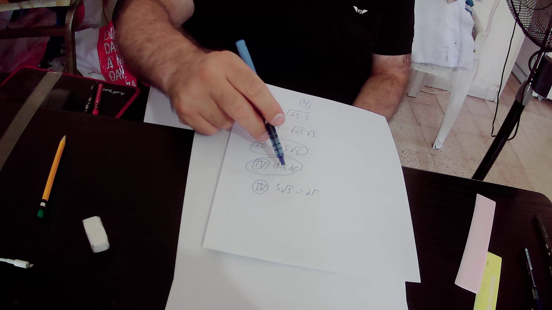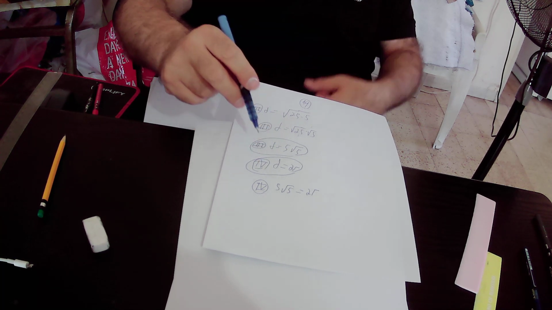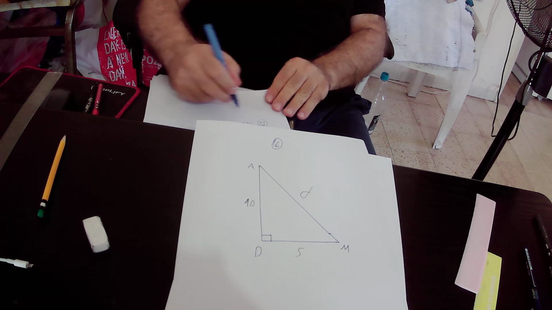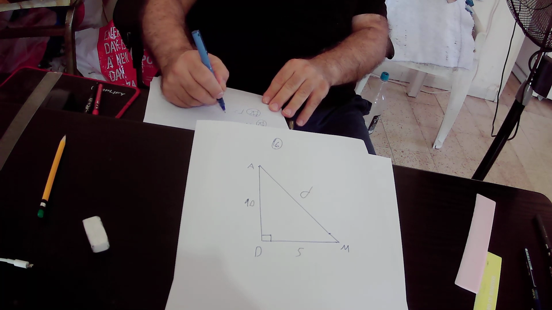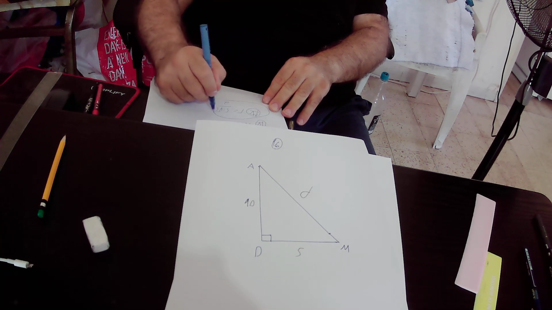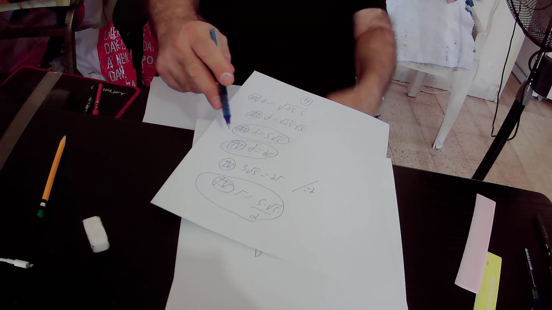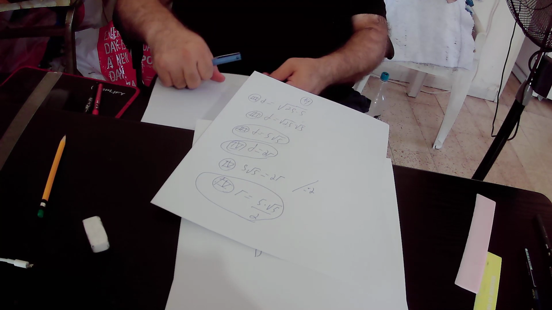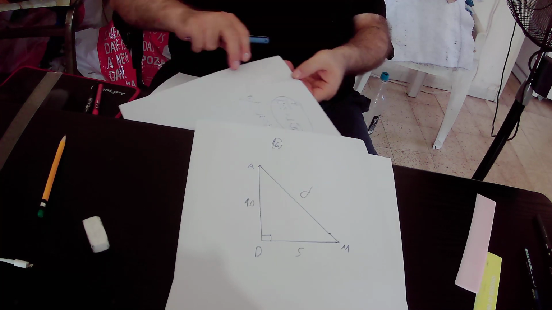We got that 5 times root 5 equals 2 times the radius. We will divide equation number 4 by 2, and we will get that the radius of the circle equals 5 times root 5 over 2. Or we can write it in terms of numbers.